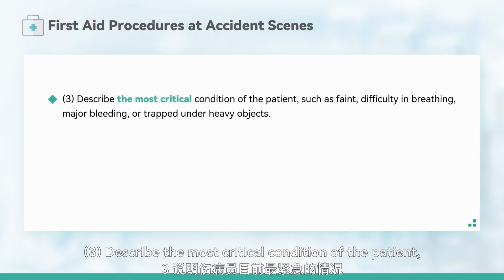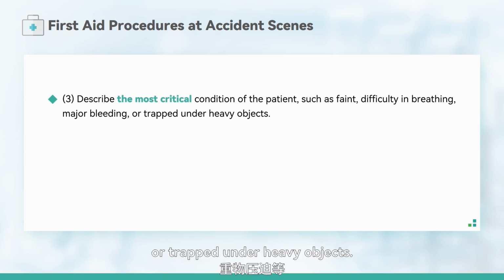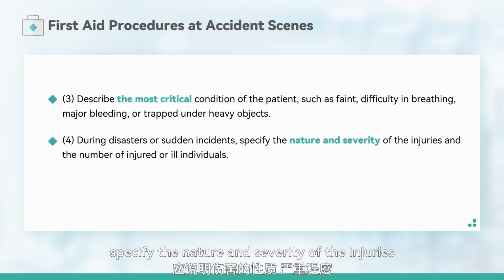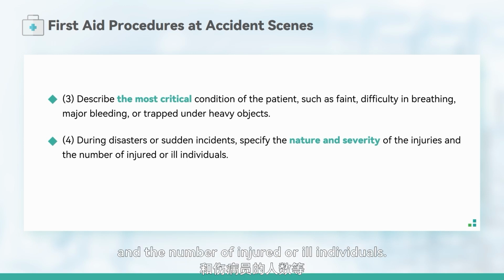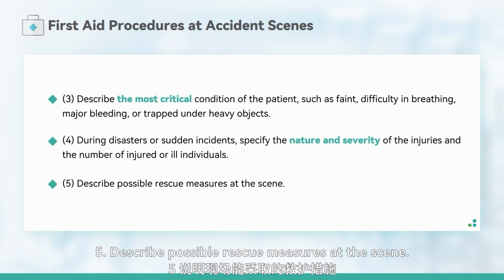Describe the most critical condition of the patient, such as faint, difficulty in breathing, major bleeding, or trapped under heavy objects. 4. During disasters or sudden incidents, specify the nature and severity of the injuries and the number of injured or ill individuals. 5. Describe possible rescue measures at the scene.